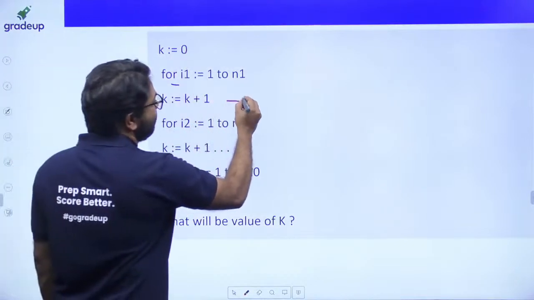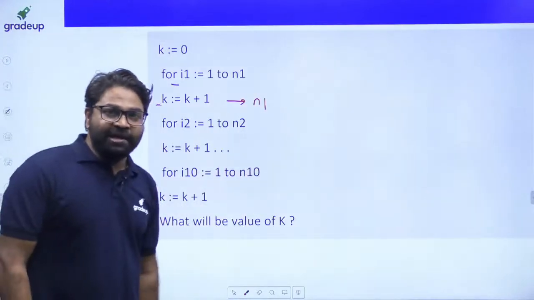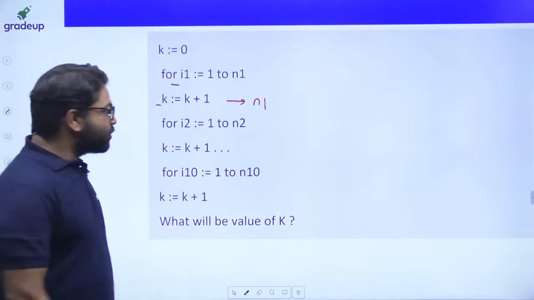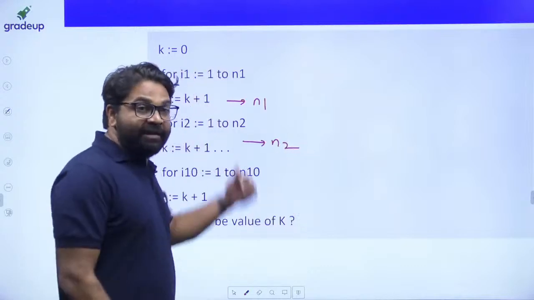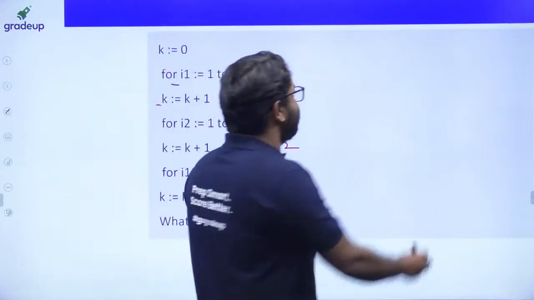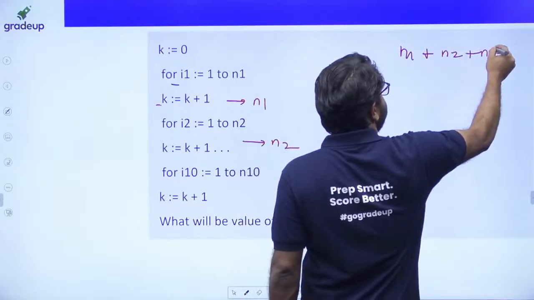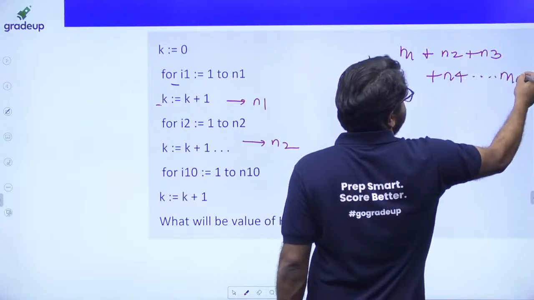The value that you will get is N1 over here. Over here you will get N2. So the total value of K that you will get is N1 plus N2 plus N3 plus N4 and so on, up to N10.